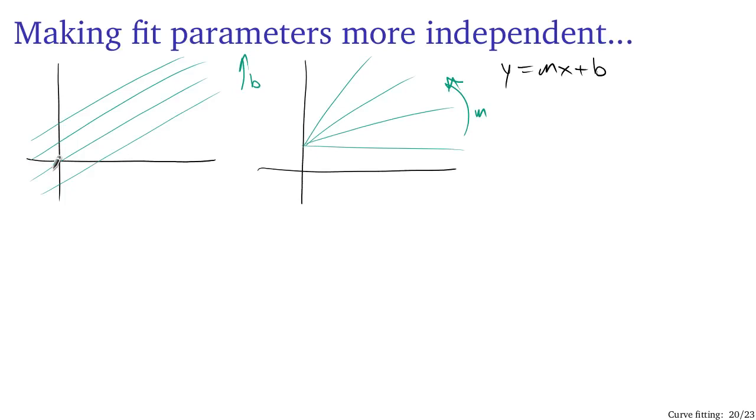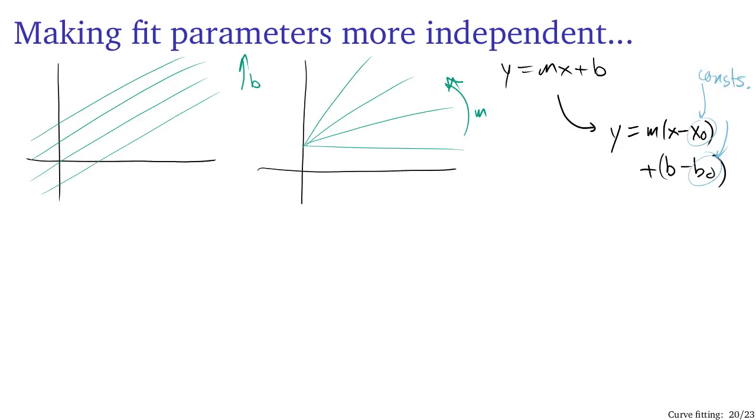But I can combine these two parameters together a little bit. What if, instead of making my fit function expressed simply, I made it expressed as y equals m times x minus x naught, some characteristic x value, plus b, and I can offset on b as well, for some characteristic b value. So x naught and b naught here, these are just constants.